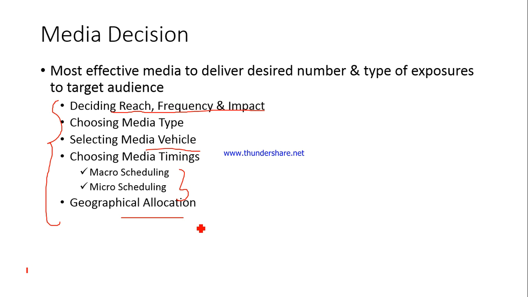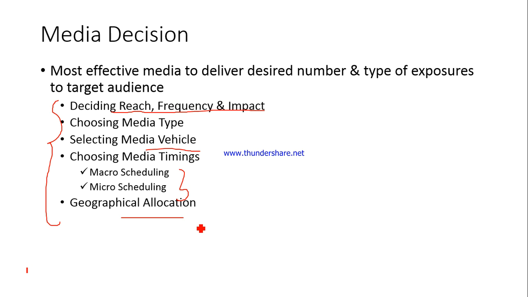Are you going to launch your ad campaign throughout the market, throughout the country? Then in that case it would be called national advertising. And in case you feel that it is of no use, maybe you are a product, you are a brand which is only selling in the northern part of the country, then naturally it is not going to make much sense for you to show your ads in the national media.